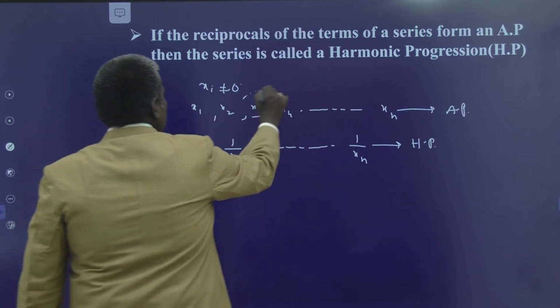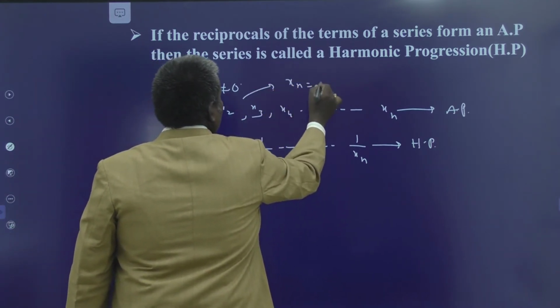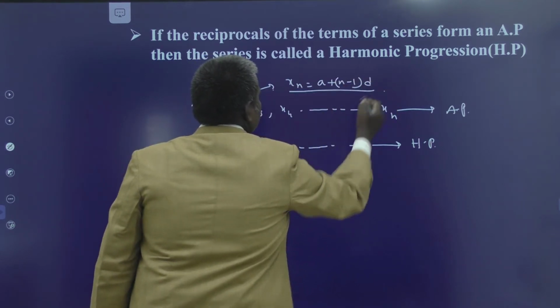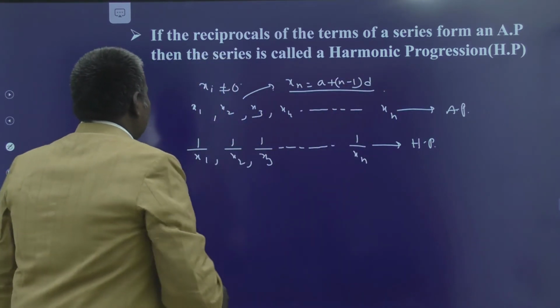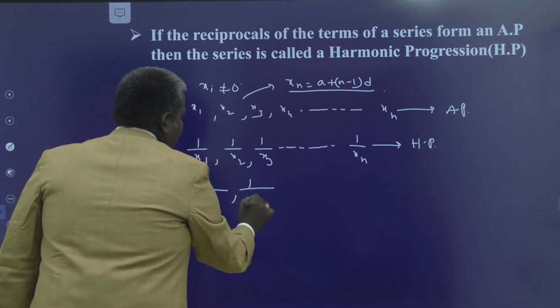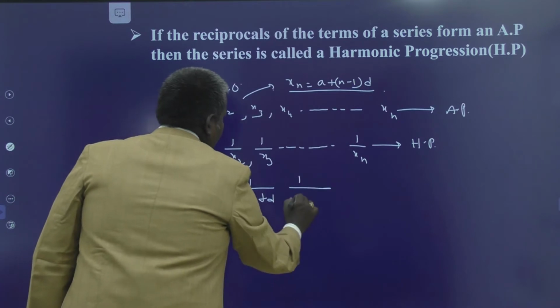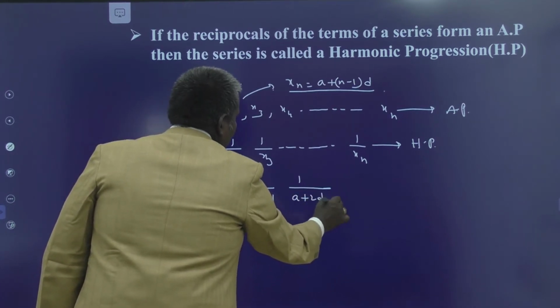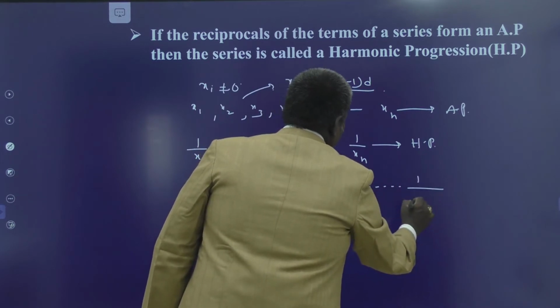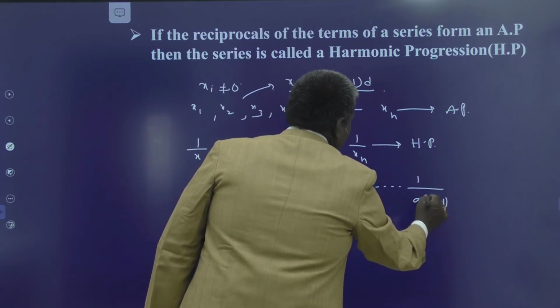What is xn? a plus (n minus 1) into d, the nth term. Therefore, 1 by a, 1 by (a plus d), 1 by (a plus 2d) and so on up to 1 by (a plus (n minus 1) into d).